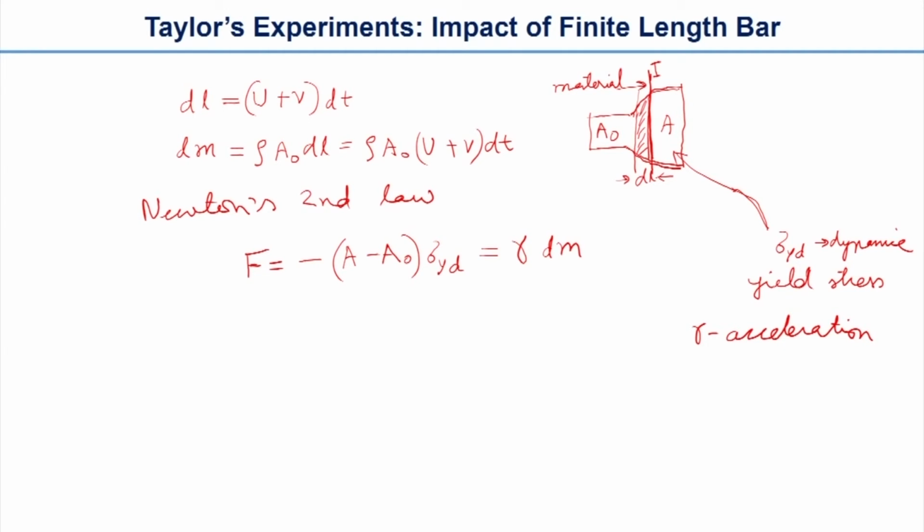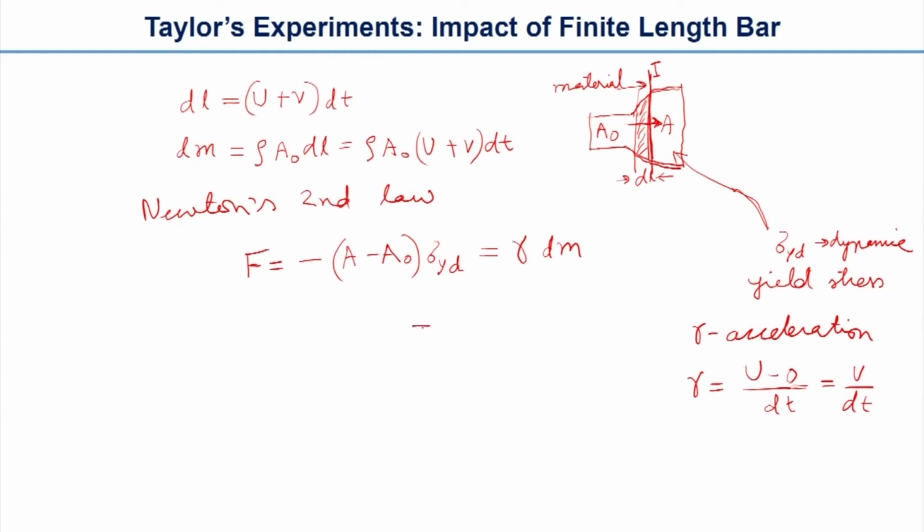Now we have this acceleration gamma. Basically the material is going inside this plastically deformed part, and the initial velocity is U and the final velocity is 0, and that happens in time dt. So gamma will be equal to U over dt.